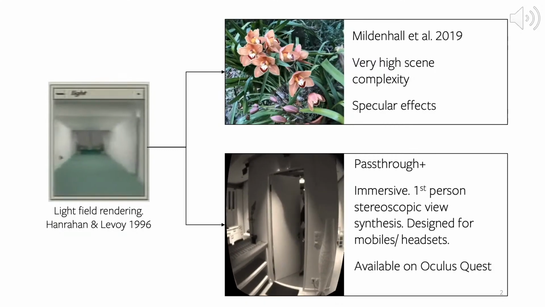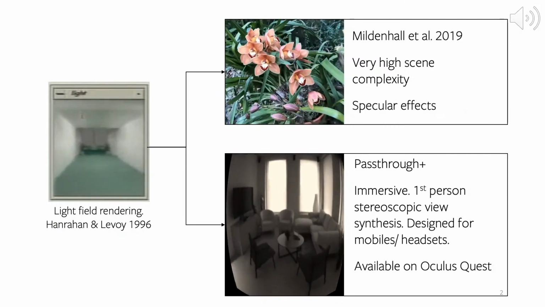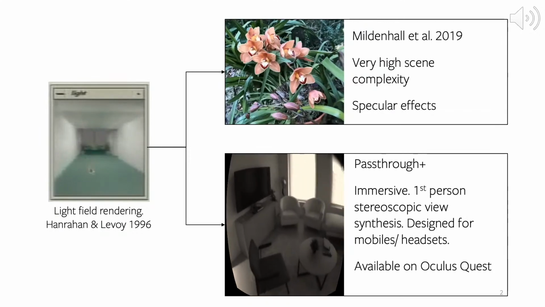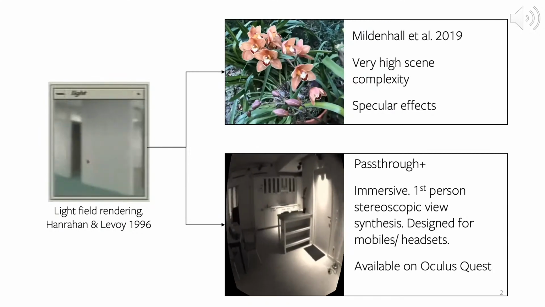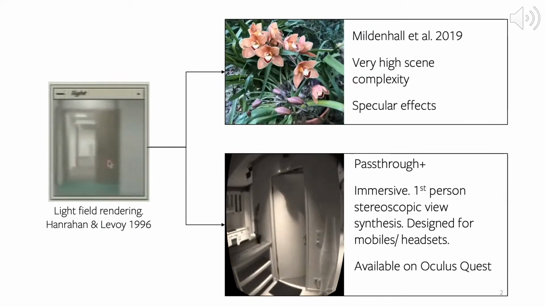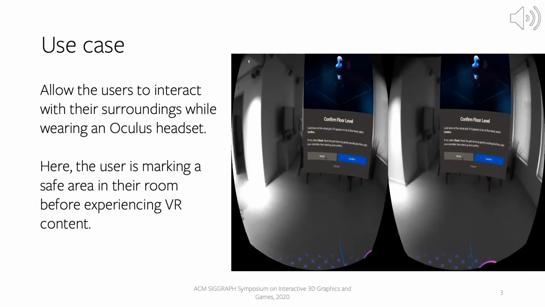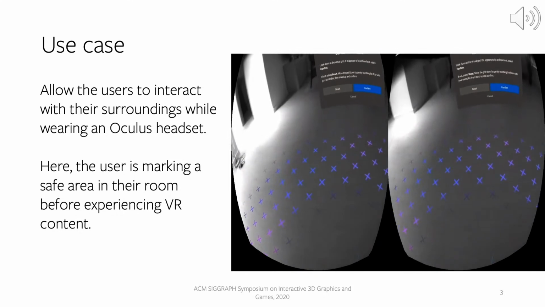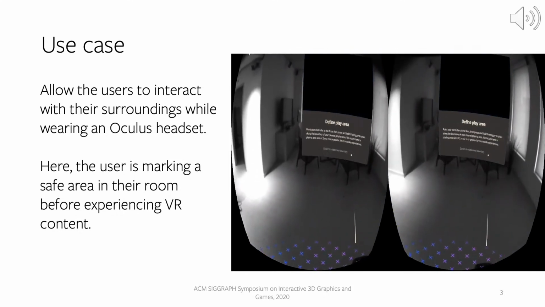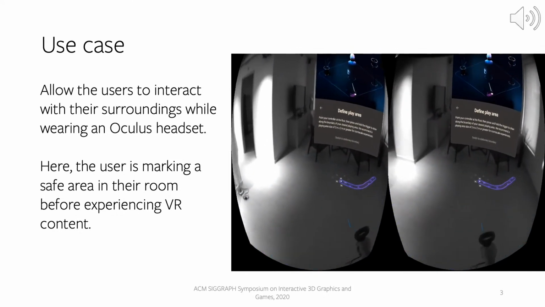I will first explain how our work is used on Oculus Quest headsets to highlight the problem statement and then dive into the details of the technique. Here we see a first-person video of a user looking through their VR headset. Our approach allows the user to see their room and mark a safe region.